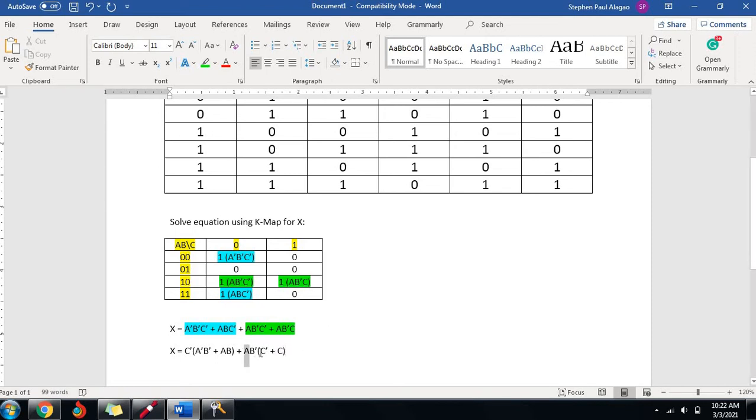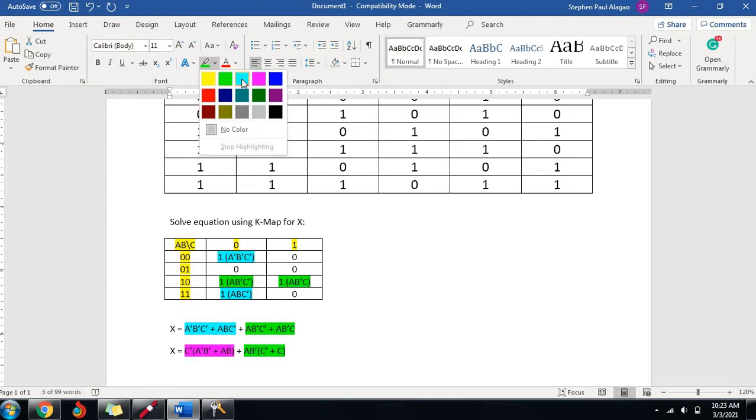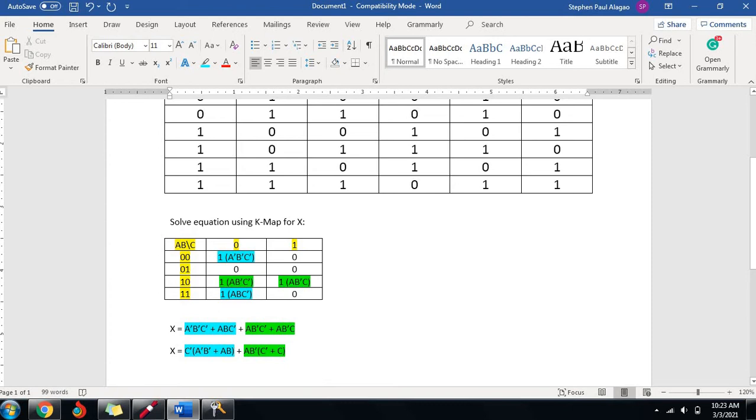So for the green group, c bar plus c is equivalent to 1, and take note that a bar b bar plus ab is equivalent to what?